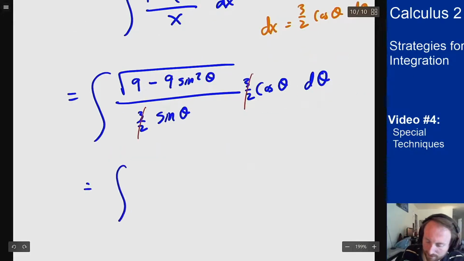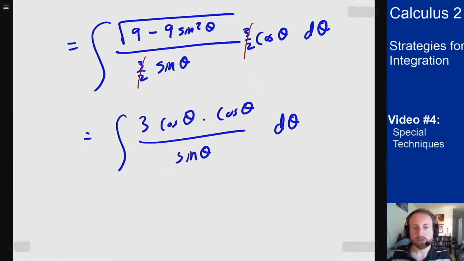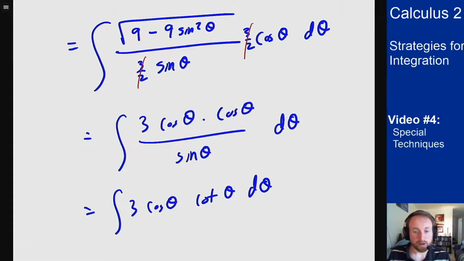So I then get 3 cosine theta times cosine theta over sine theta d theta. And so since cosine over sine is cotangent, I'm going to rewrite this a little bit as the integral of 3 cosine theta cotangent theta d theta. And this is a product, so we're going to proceed here by integration by parts.